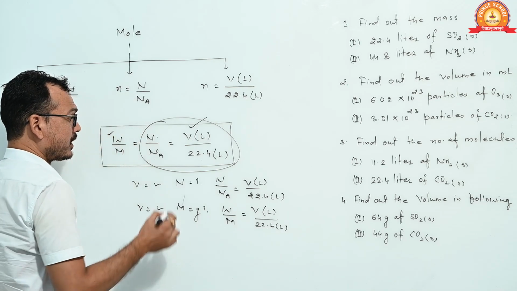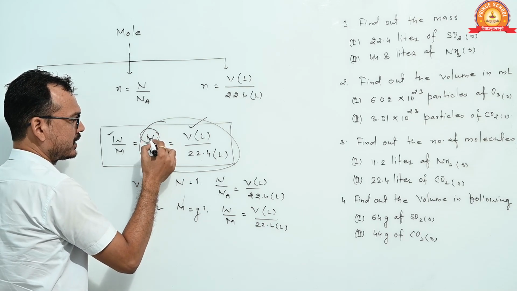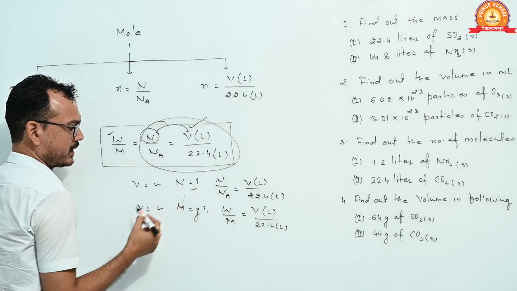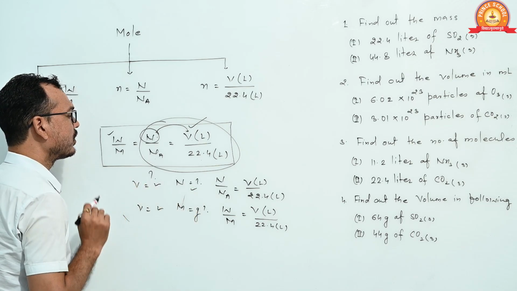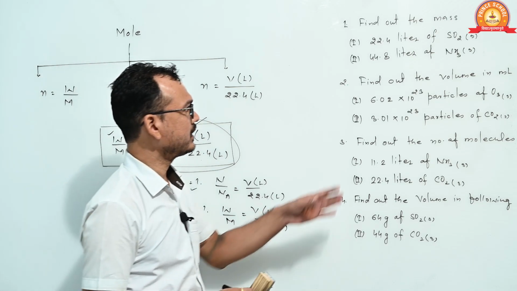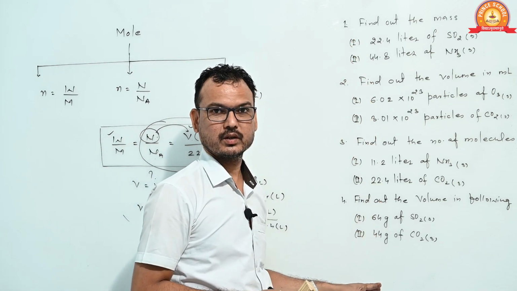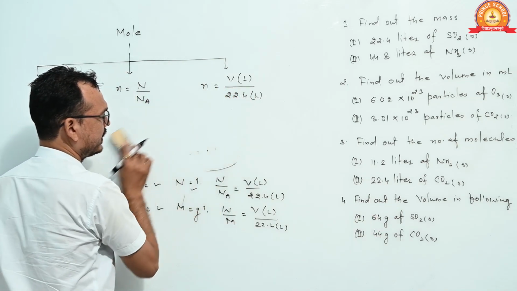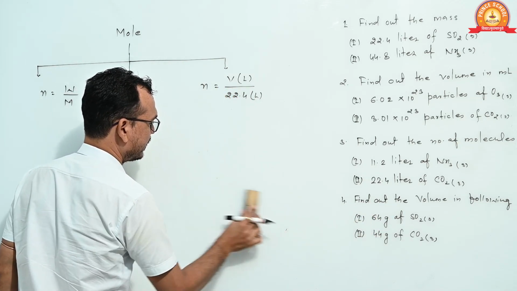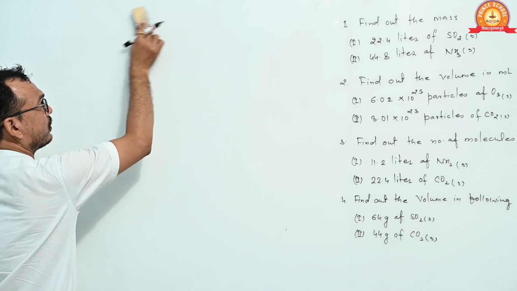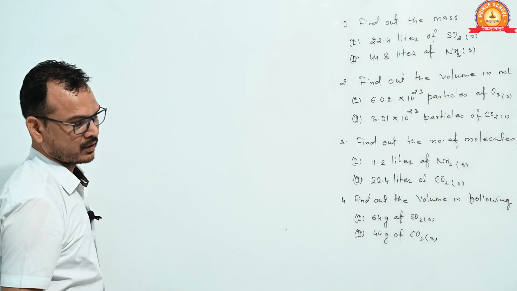Is that clear? If the number of particles is given, then we easily calculate the volume. Clear? All three formulas are mixed up and these types of questions are based on the above three formulas. So let's solve the questions one by one and clear our concept of mole concept.